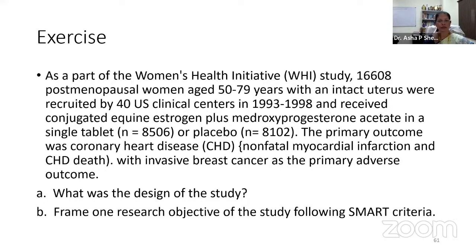The sample size was 8,506, and the placebo was received by 8,102. The primary outcome was coronary heart disease, that is non-fatal myocardial infarction and CHD death, with invasive breast cancer as the primary adverse outcome. So what is the design of the study that you intend to use in this study?